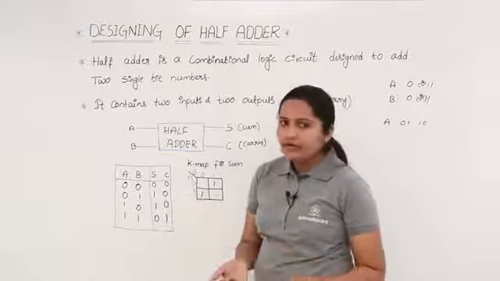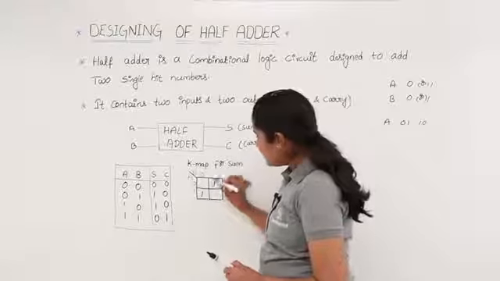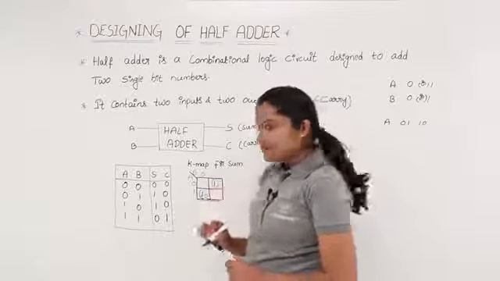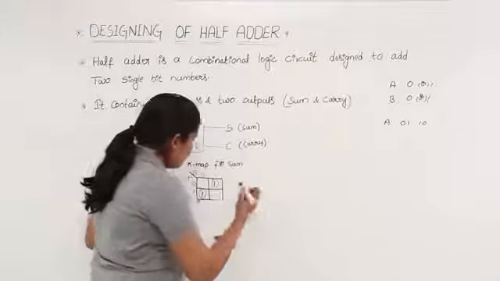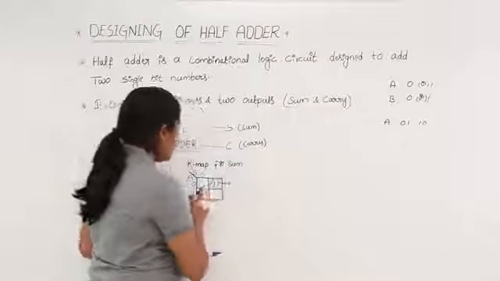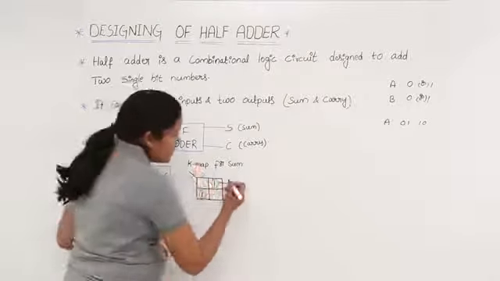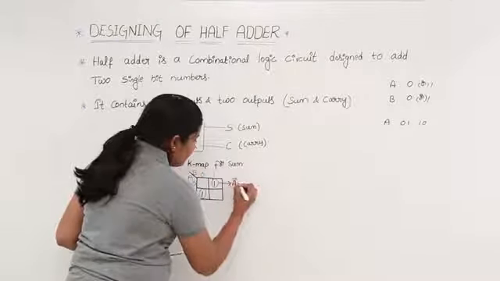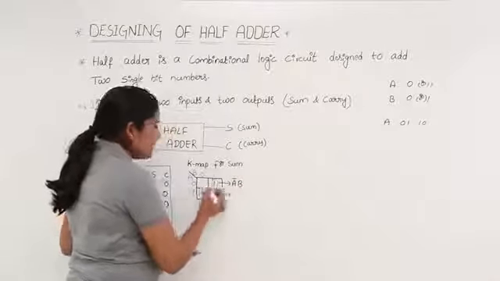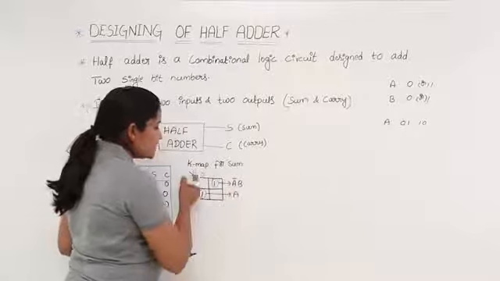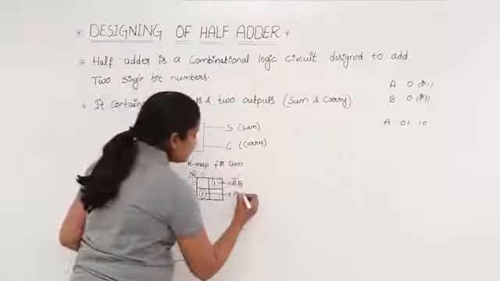If you don't know this diagonal grouping, you can also group individually. For the two ones individually, this prime implicant value is equivalent to sidewise A bar, topwise B, so A bar B. And for this prime implicant, sidewise 1 means A, and topwise 0 means B bar.